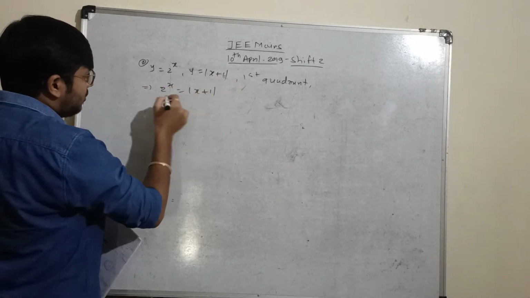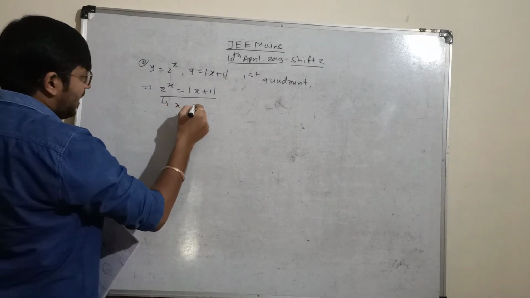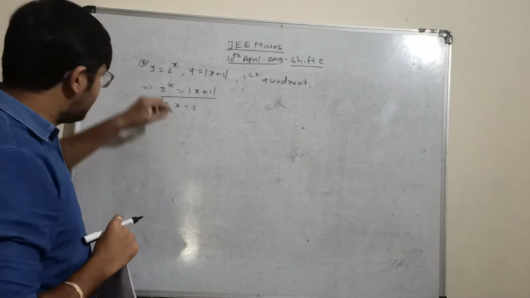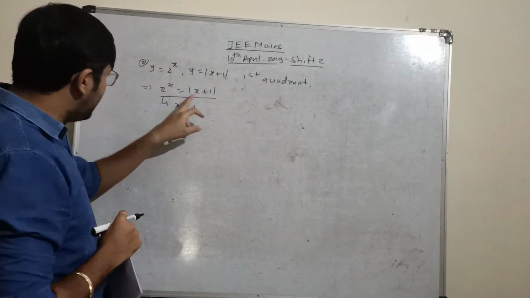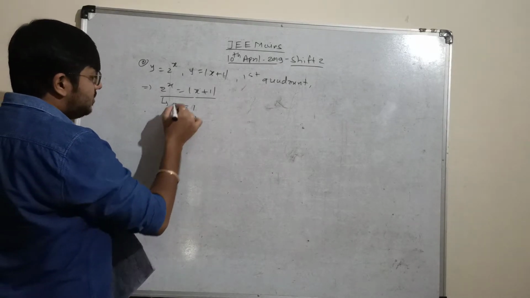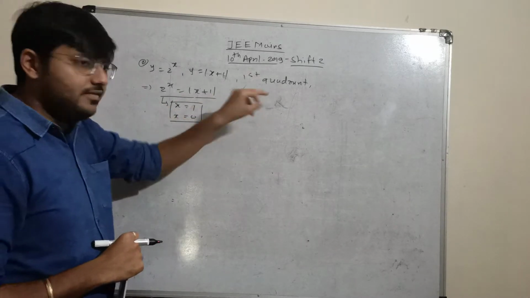If I talk about the first quadrant, so for positive values of x, if I take x equals 1, then that will be one of the solutions, because if you put x equals 1, 2 raised to 1 is 2 and 1 plus 1 is 2, right? And also one of the solutions is x equals 0. So these are the two roots of this equation, mainly in the first quadrant.